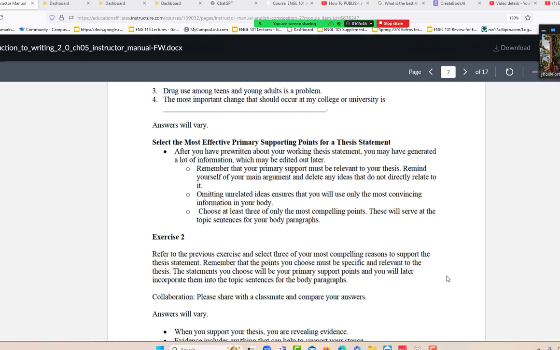So the 3 primary points of your thesis statement become the 3 topic sentences, or the 3 reasons, of your body paragraphs, and then you'll give sub-details of those topic sentences, and that will be the meat of your essay.